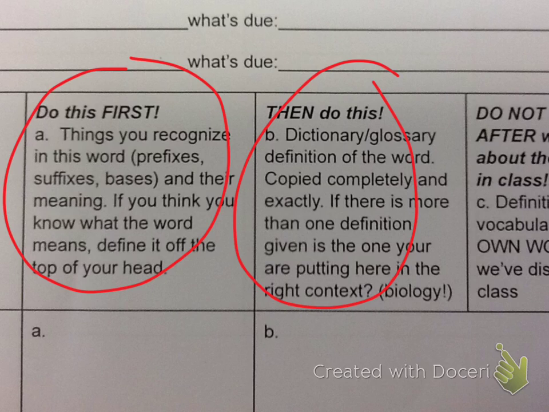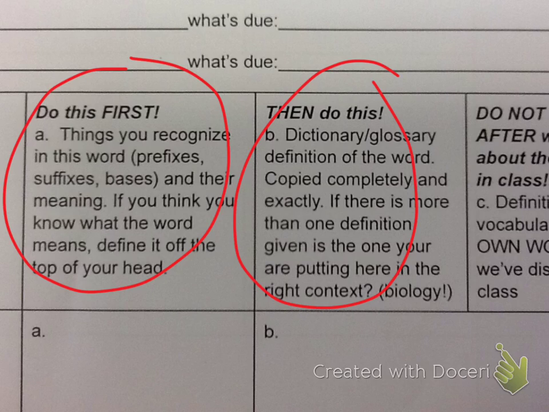So, questions, comments, concerns? Is anybody thinking, when am I going to do box C? You're not going to do box C until after we talk about it. Remember, we're building a dock and we're tying your canoe to it.